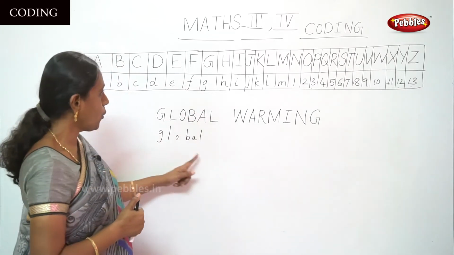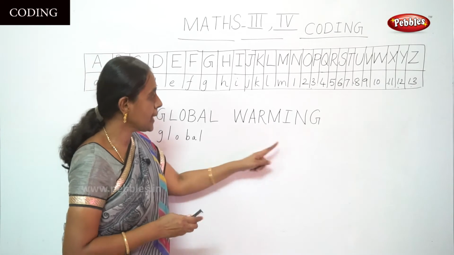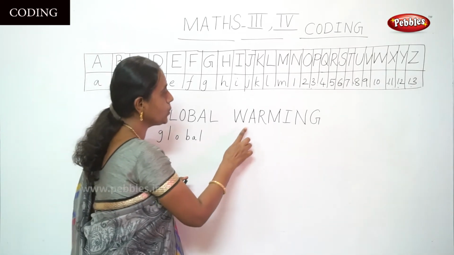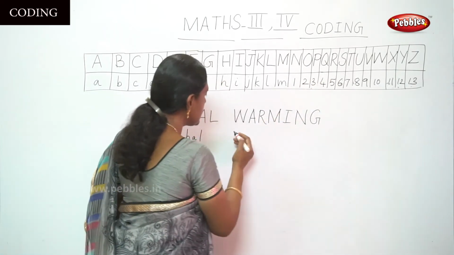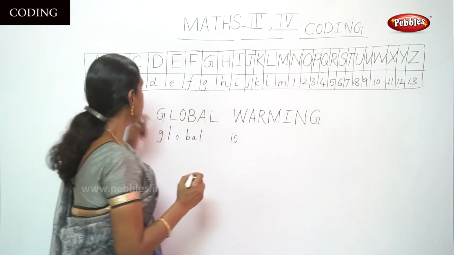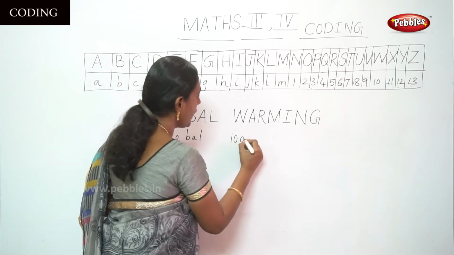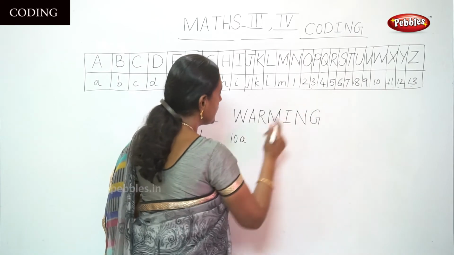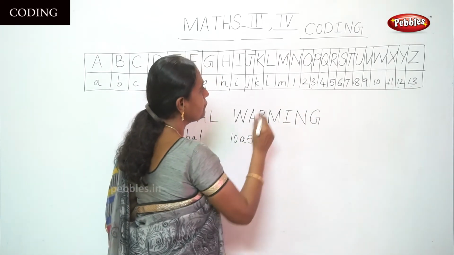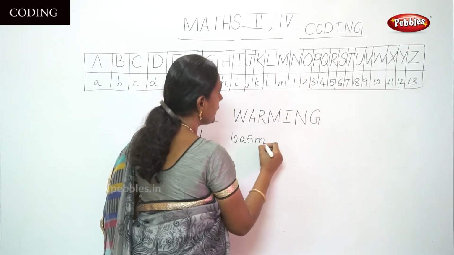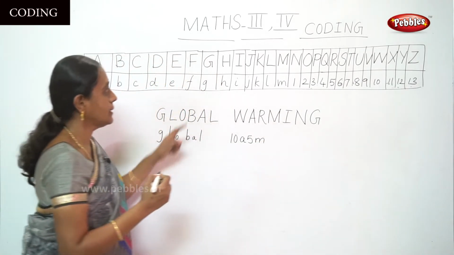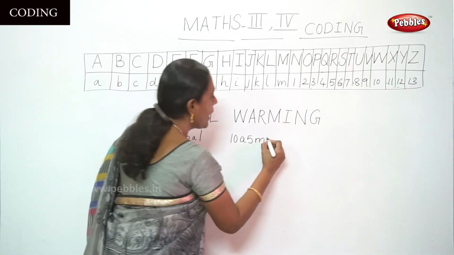And that is global. For warming, for W, the number is 10. Again A, a small a. For R, the number 5. And for M, small m. And for I, a small i.